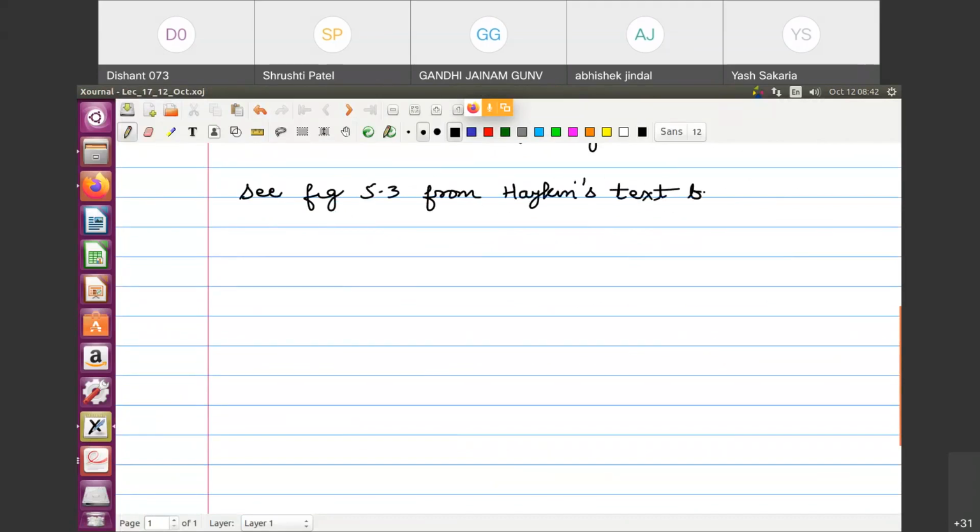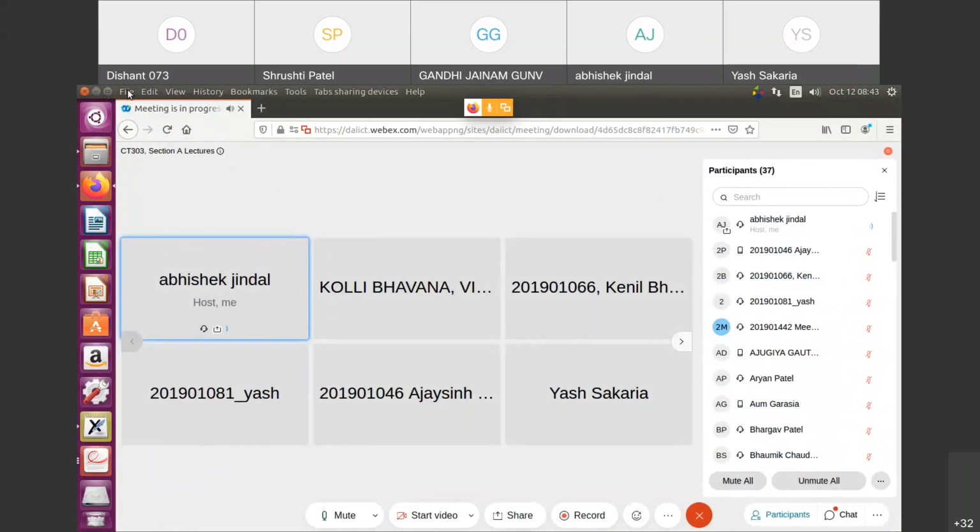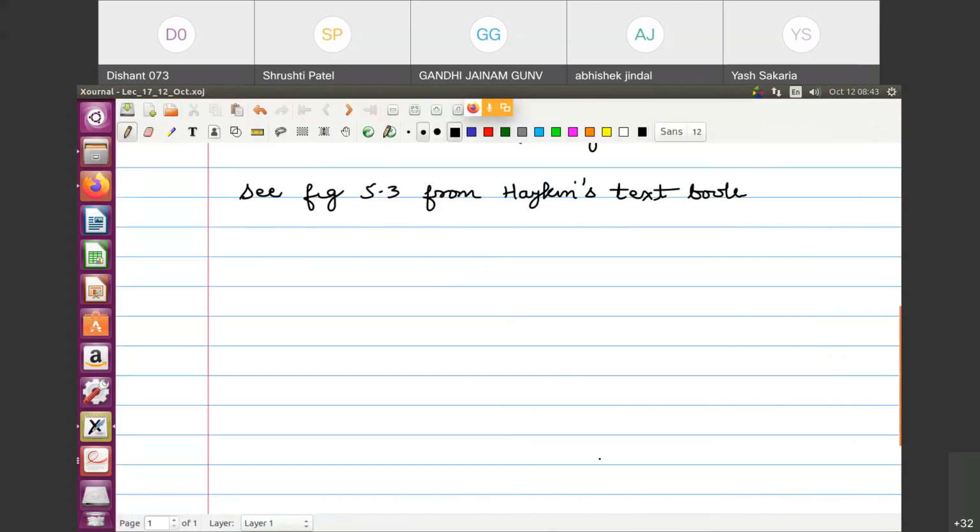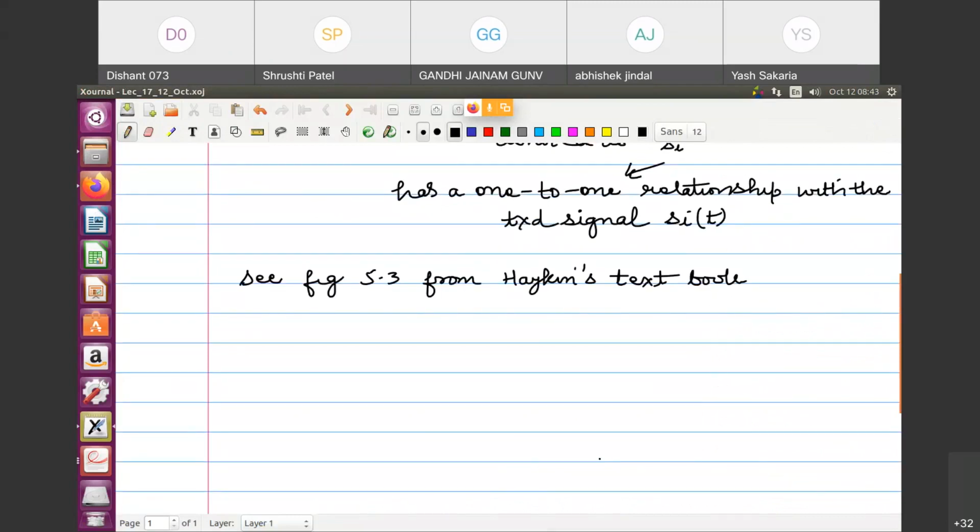We are covering this from Aiken's textbook because he has given it in a restricted and useful manner. Why? Because whatever we need is being given there and it has been given properly. So you can see figure 5.3 from Aiken's textbook.